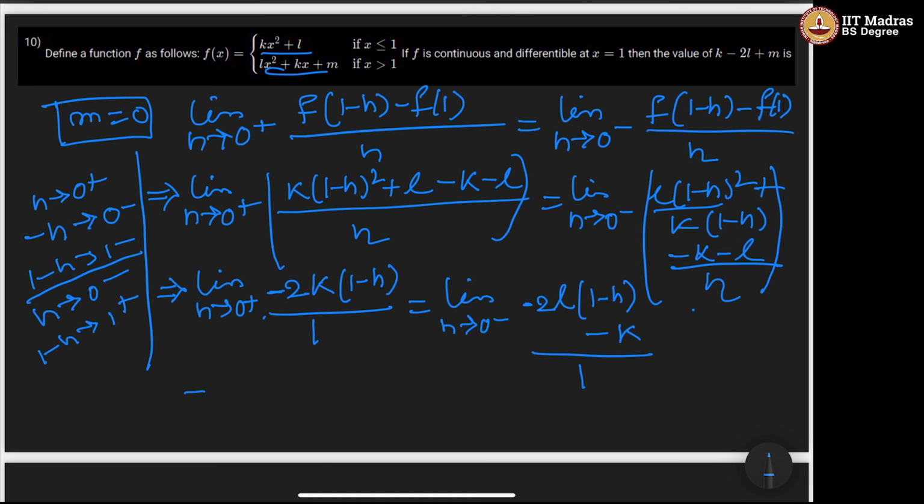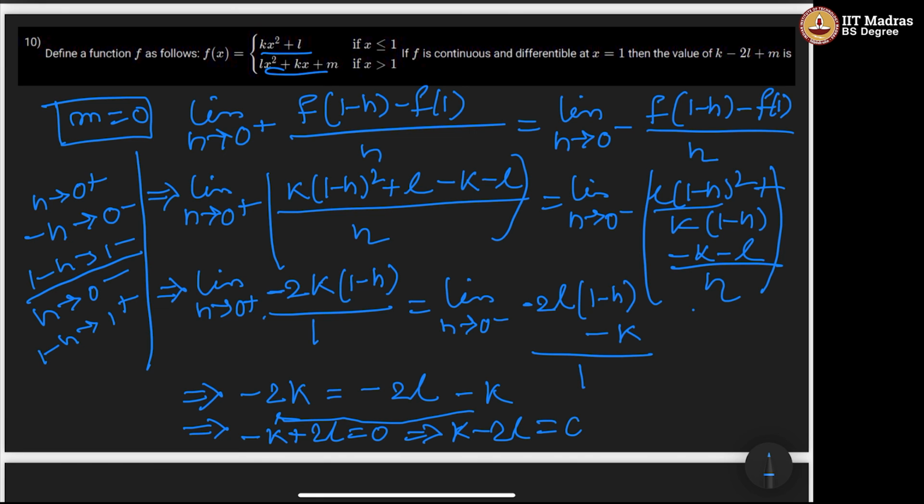Okay, now we can put 0 instead of h, so we will get 2k equals 2l minus k. Okay, so we can take all the terms to one side of the equation, then we will get minus k plus 2l equals 0. Okay, that means k minus 2l equals 0.